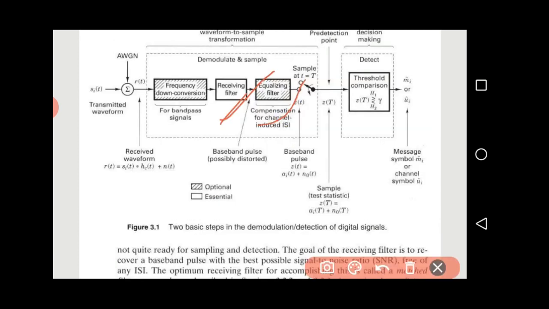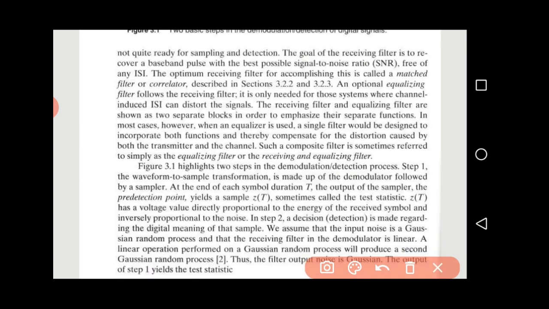These two filters are separated. In most cases, however, when an equalizer is used, a single filter would be designed to incorporate both functions and thereby compensate for the distortion caused by both the transmitter and the channel. Such a composite filter is sometimes referred to as the equalizing filter or the receiving and equalizing filter.